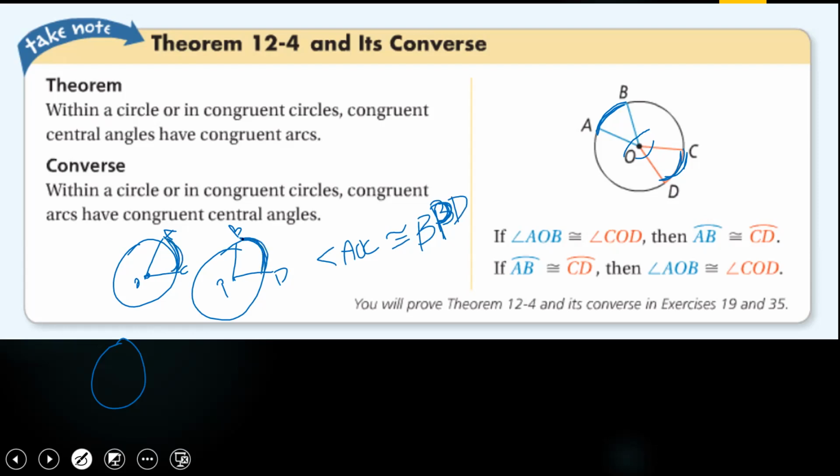If I'm talking about two congruent circles, we can use the same theorem: if central angles are congruent, their arcs will be congruent.